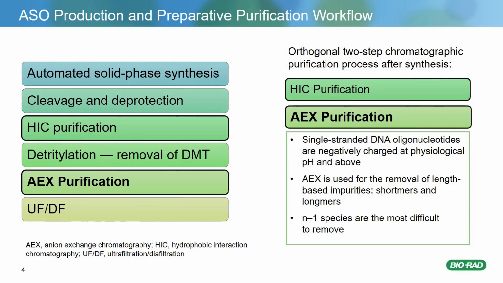So the orthogonal two-step chromatography process after the synthesis would be the HIC purification and then the AEX purification. Since oligos are negatively charged at physiological pH and above, anion exchange chromatography is used for the removal of length-based impurities, the shortmers and longmers that I referenced in my last slide. And the N-1 species are considered the most difficult to remove.